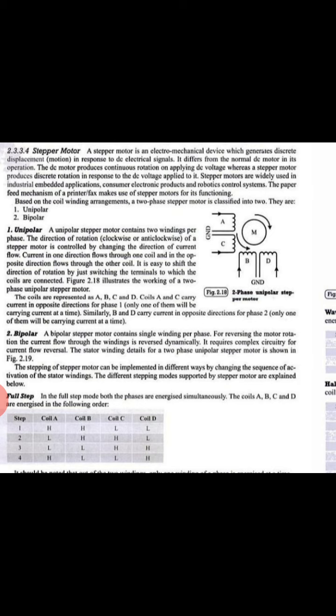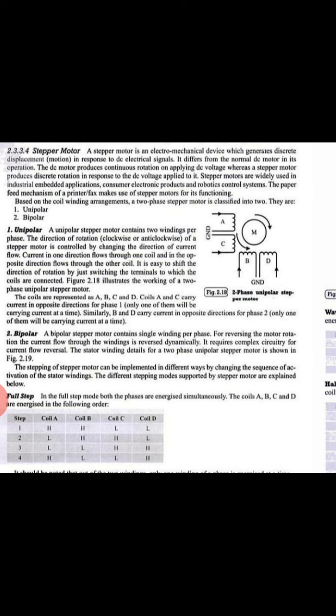A bipolar stepper motor contains a single winding per phase. For reversing the motor rotation, the current flow through a winding is reversed dynamically. It requires complex circuitry for controlling the current flow reversal.